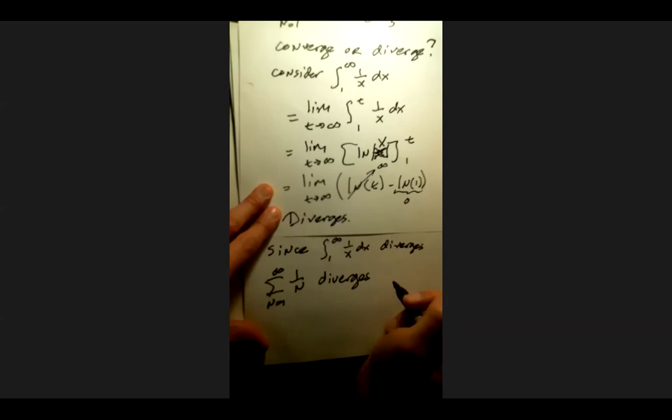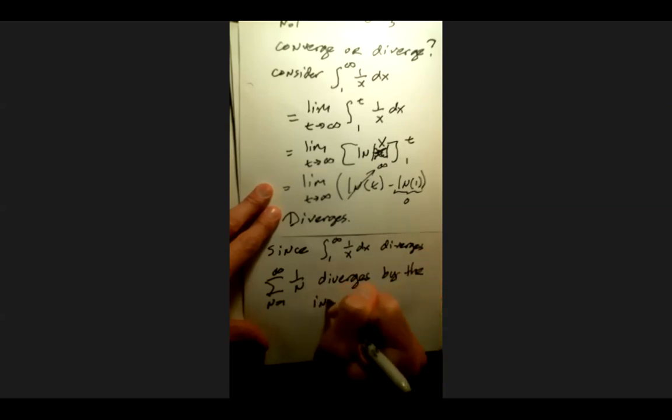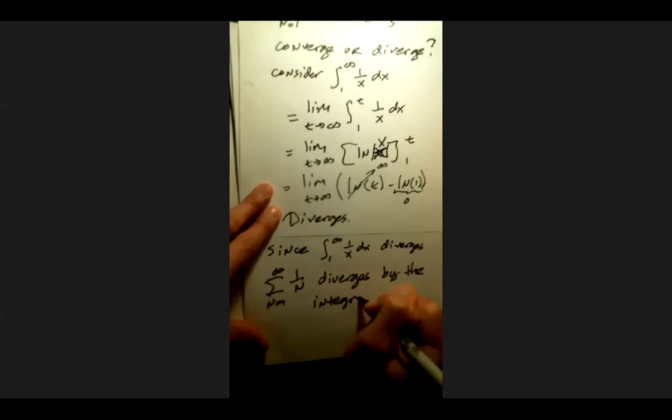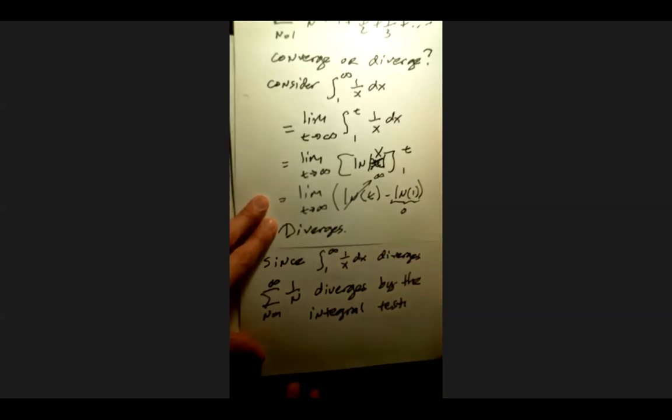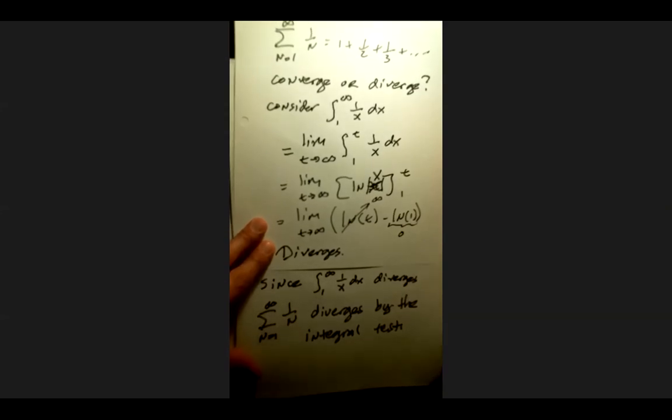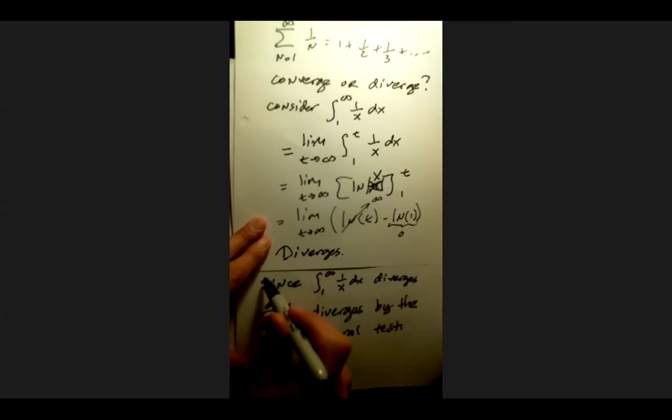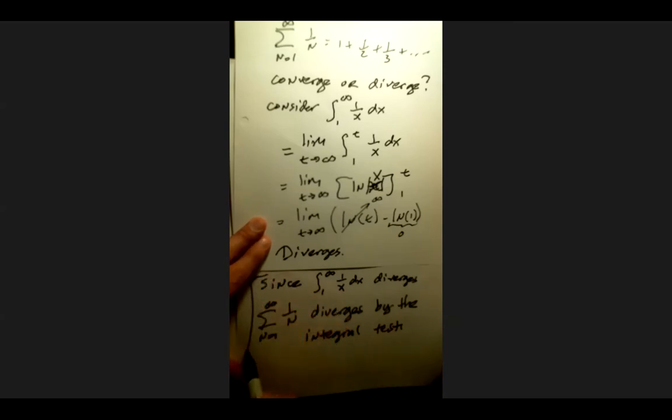And how do I know it diverges? What's the test that we did? The integral test. This justification at the end ends up being, not difficult, but a big deal in this section.